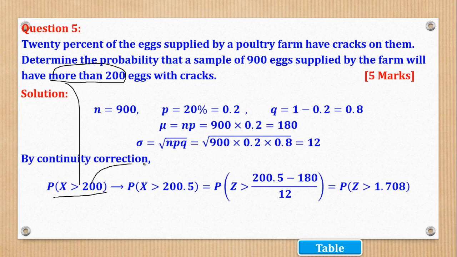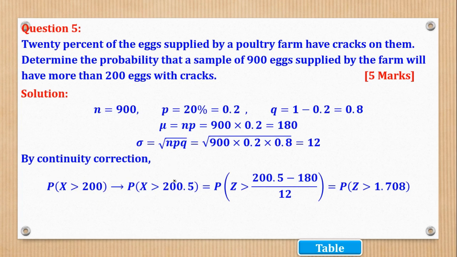Then by continuity correction, it becomes x greater than 200.5. So it depends on how you are taught. Some students prefer to put greater than or equal to. It is okay because this is now continuous. But putting here or equal to is not correct because this is discrete, this is continuous.